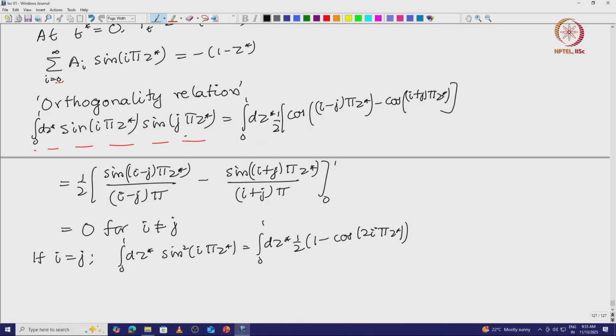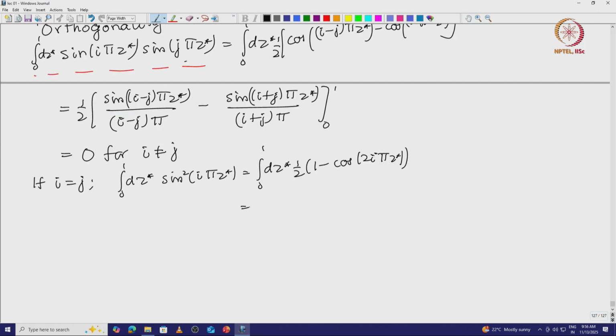The integral of that cos function is a sine function and that is also equal to 0. However, the first term, the integral 0 to 1 of 1 by 2, is just equal to 1 by 2.